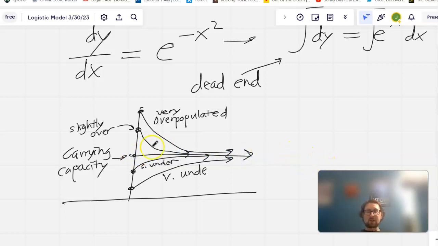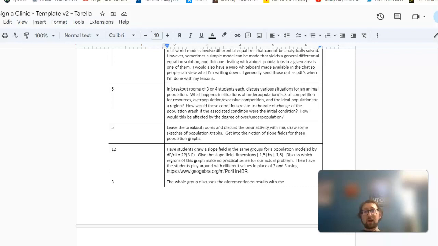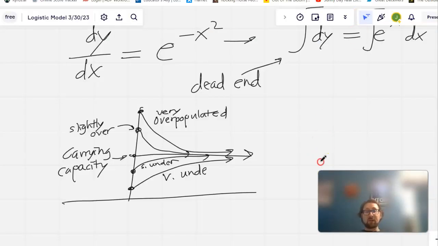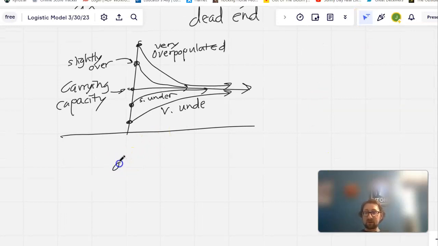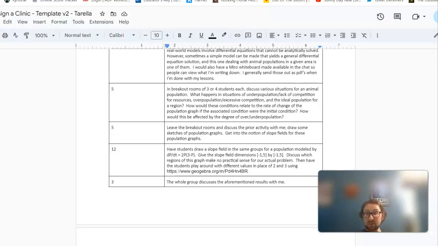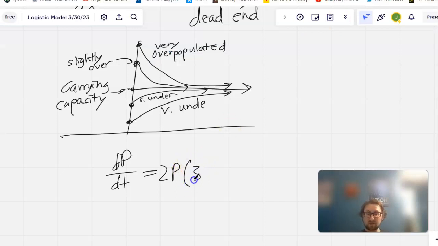Our model ends up being simple, so it basically keeps the carrying capacity steady, plus it's easier to see all these things on the same graph if I leave it there. So I'm going to make it a line. So now, what I would like you guys to do is draw a slope field for the following. It's going to be dP/dt equals 2P times (3 minus P).